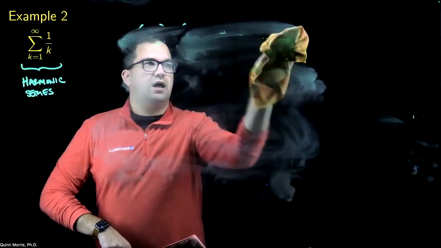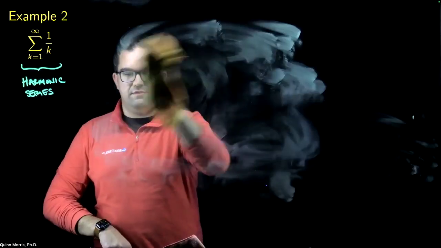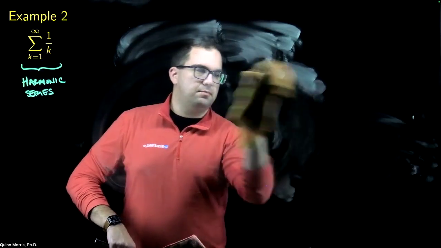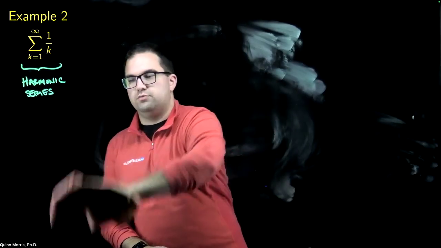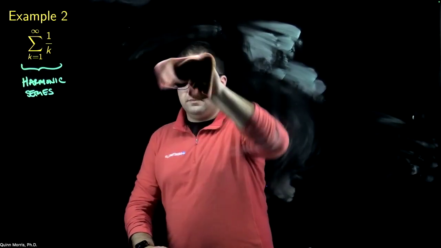So again, I've mentioned at times we'll want to write this out and think of it as an infinite sum. This is going to be one of those times, but then we'll need to justify this in terms of partial sums.